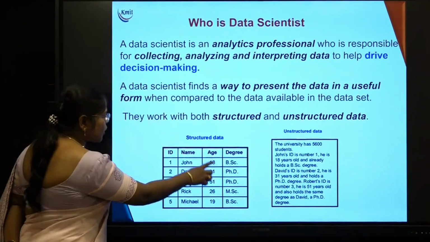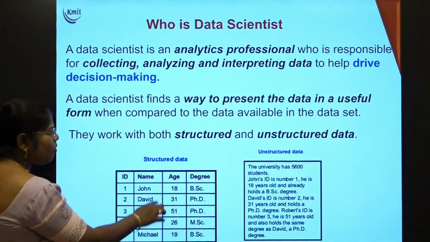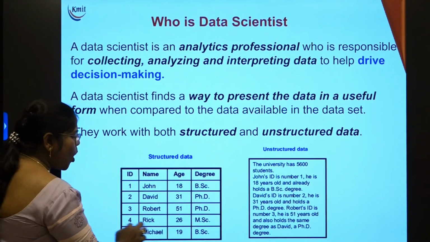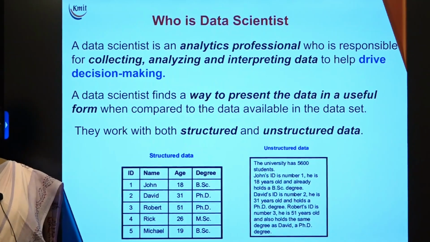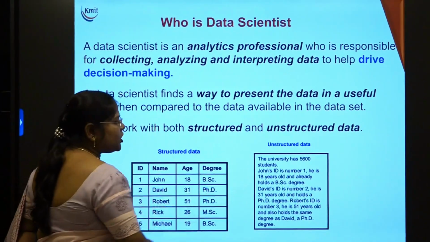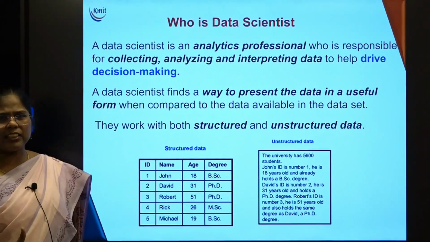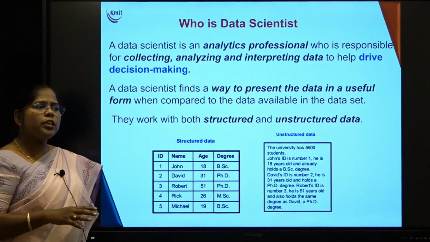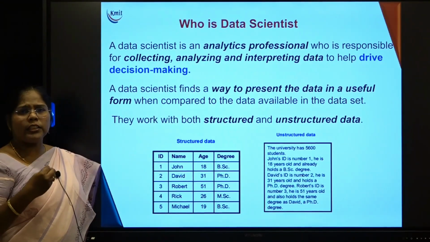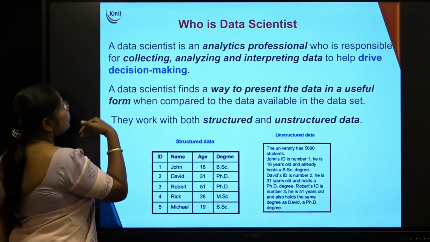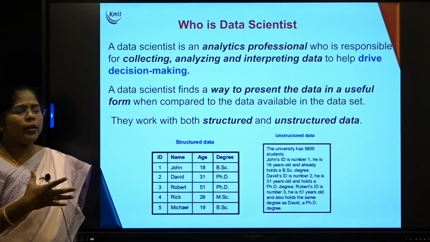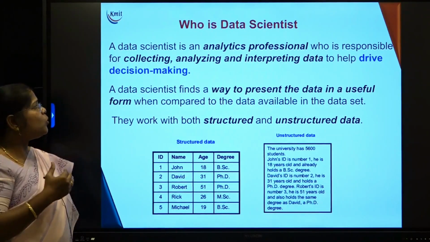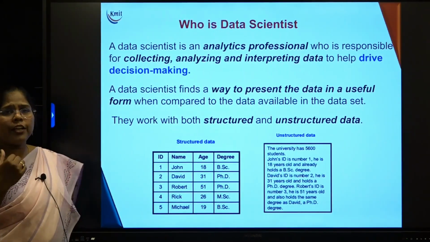Structured data has columns and rows, and is properly organized. Unstructured data is simple text data where the data is not organized. To present the data in a better way, the data scientist interprets it and gives an optimal solution.